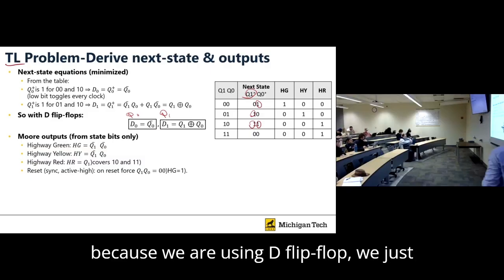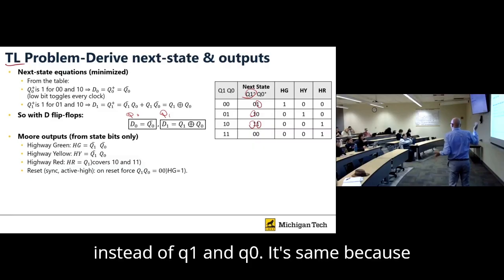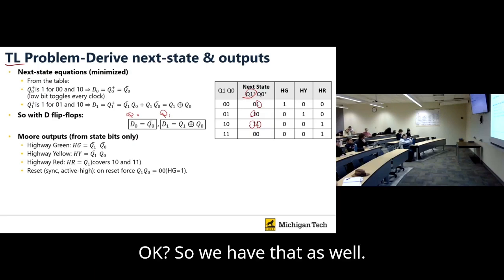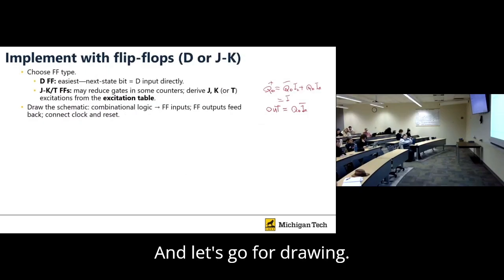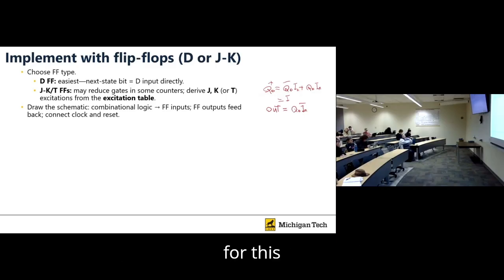Because we are using D flip-flops, we just put D0 and D1 instead of Q1 and Q0. It's the same because a D flip-flop is just equal. Okay? So we have that as well. And let's go for drawing. We don't have much time. Drawing is important.